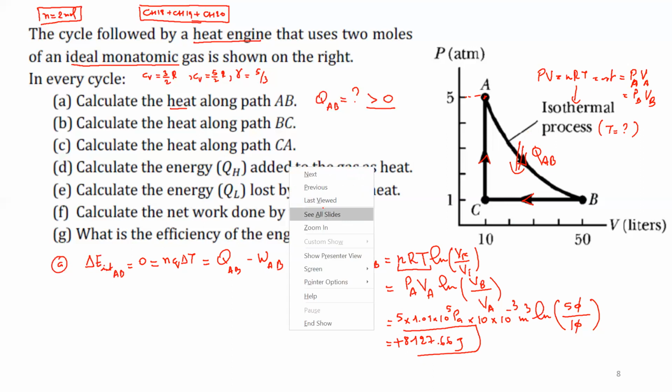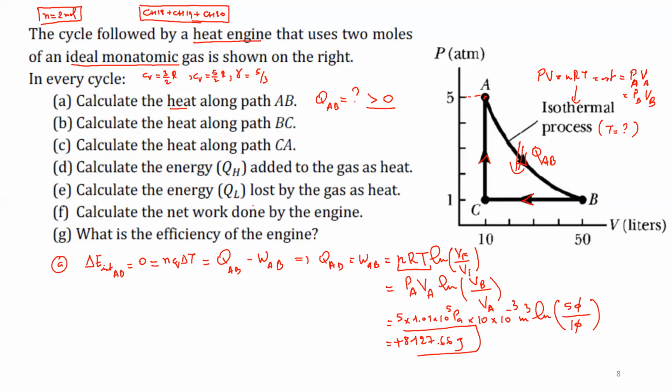The next question is now to calculate the heat along path BC. So path BC is this path, right? Isobaric compression. So it's a constant pressure process. So what is QBC? How do we calculate QBC?